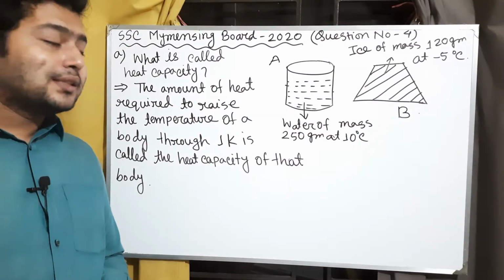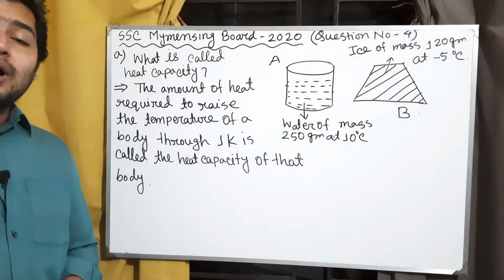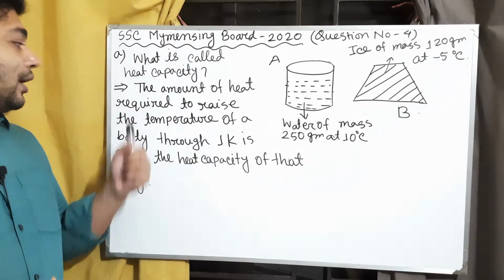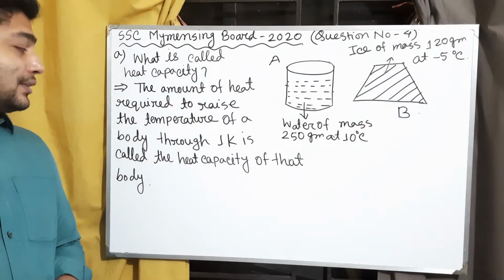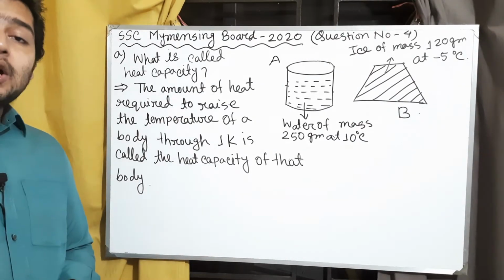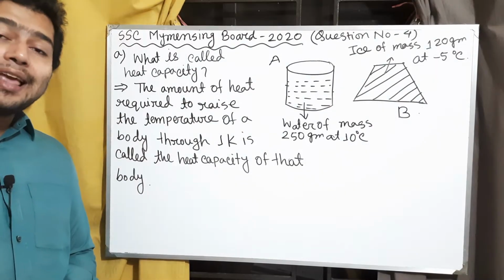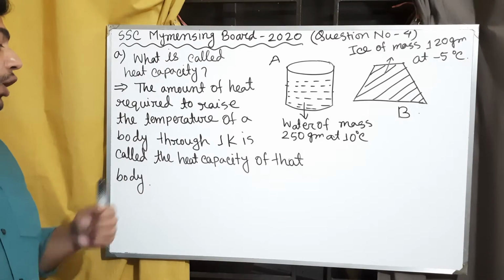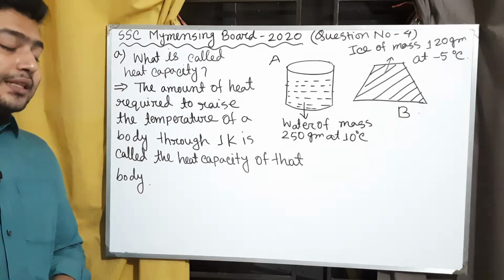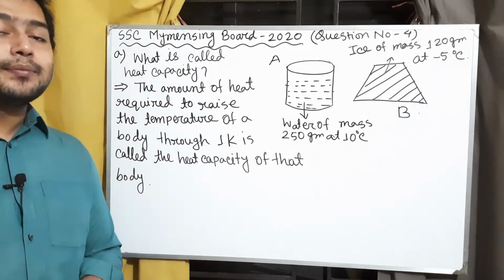And the answer is, the amount of heat required to raise the temperature of a body through 1 Kelvin is called the heat capacity of that body.